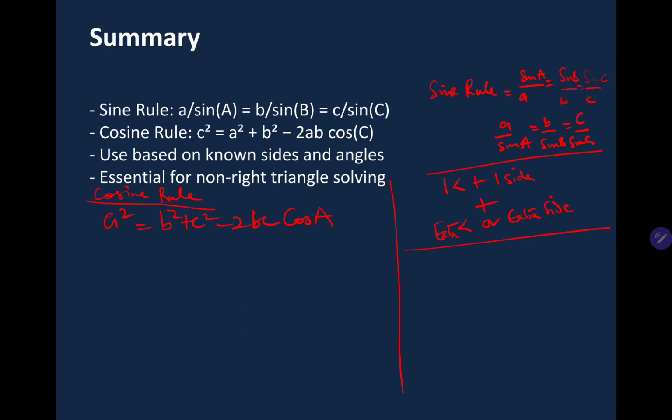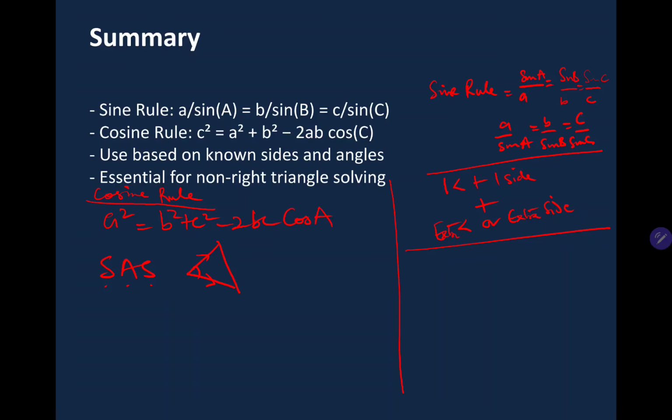And to use the cosine formula, you either have SAS. Remember this notation, SAS, which we call side angle side. So it means that in a triangle like this, you have this angle and you have this side, you have this side.